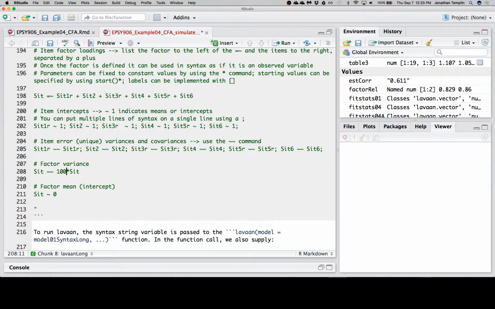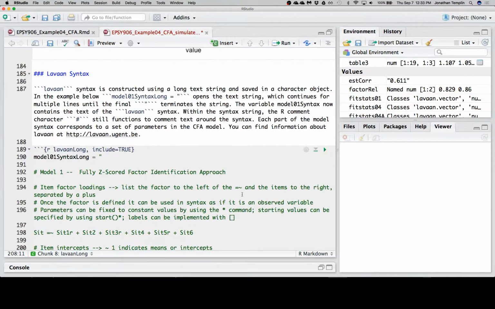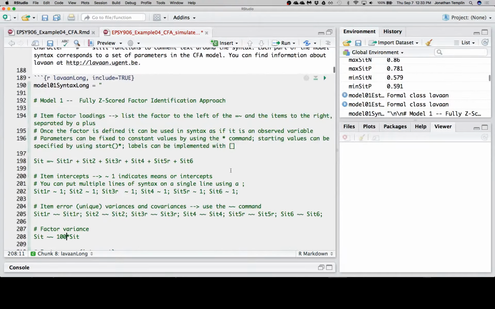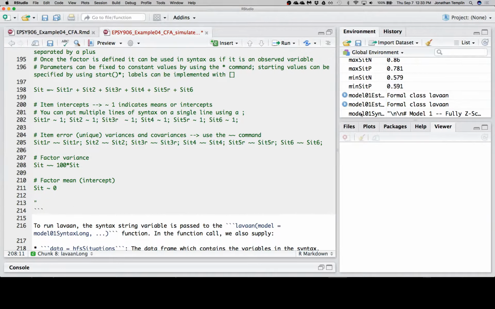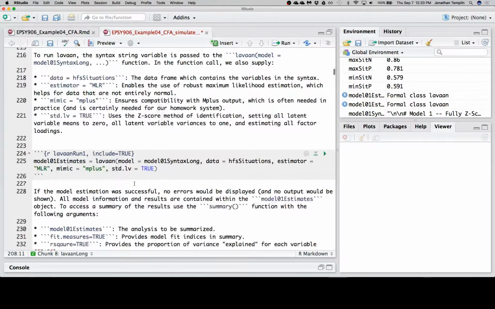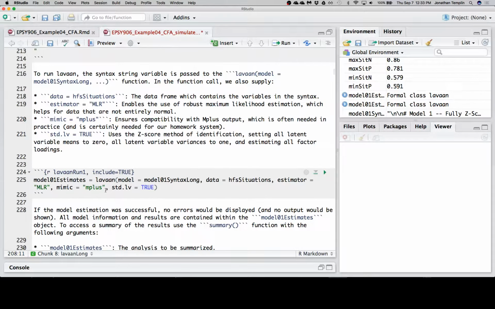Let's see what happens. Right, so I can go change that. You can do this in your code too. We can hit play. That puts the character string into the model 01 syntax variable here. And if we drop this part of the output, this std.lv, if we just change that to false, we can drop it. Its default is false, but just change that to false.